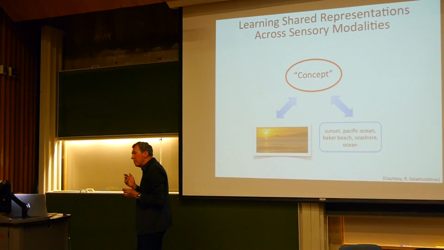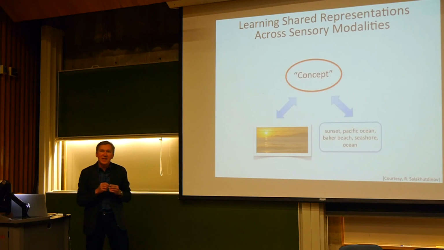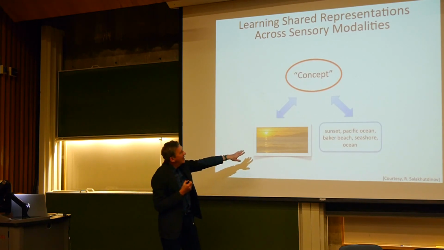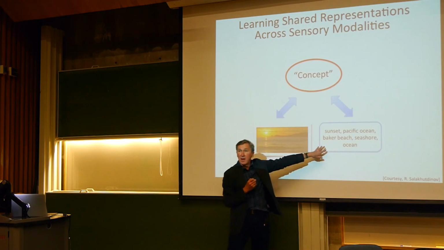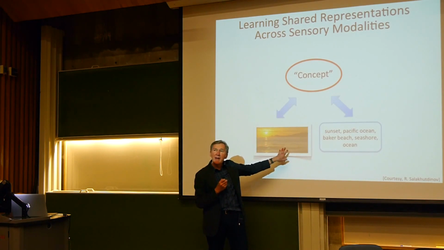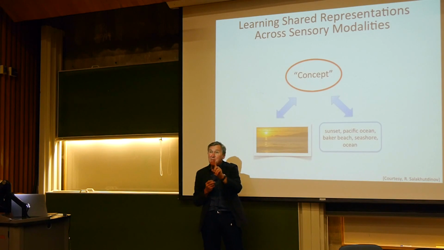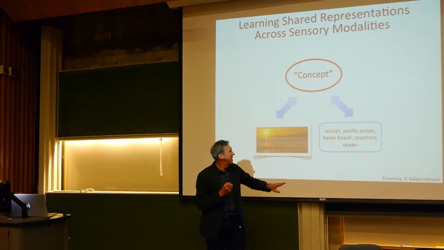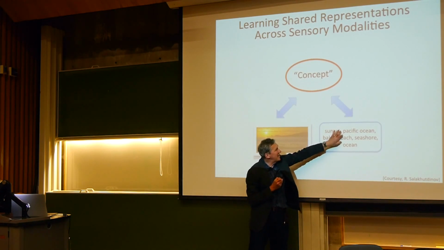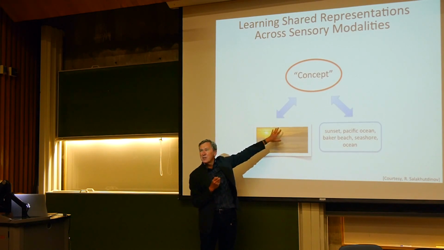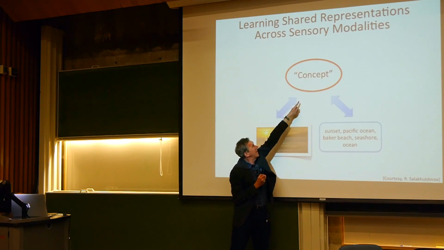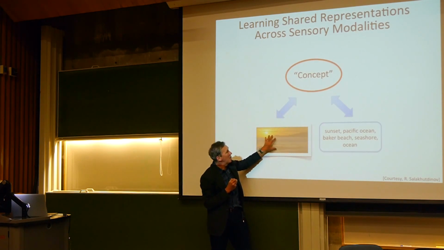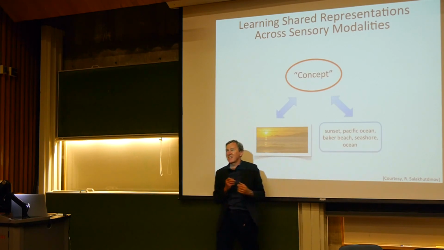And so one of the most interesting examples of that is some very recent work that a number of groups have been doing to try to learn representations that simultaneously capture text input and associated image input. The idea is to learn an internal representation that can simultaneously encode this image and this text string.